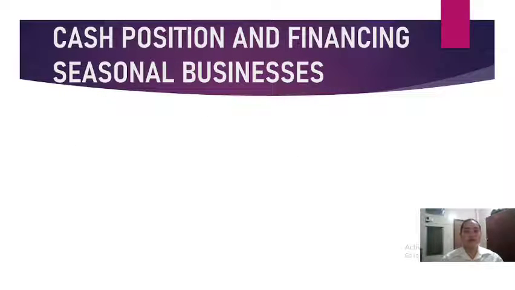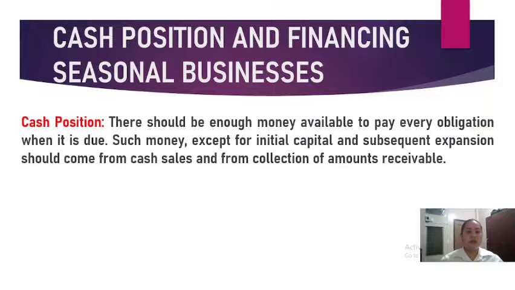Next is the cash position and financing seasonal businesses. In cash position, there should be enough money available to pay every obligation when it is due. Such money, except for initial capital and subsequent expansion, should come from cash sales and from collection of amounts receivable.